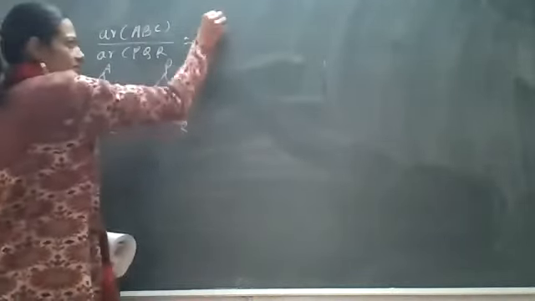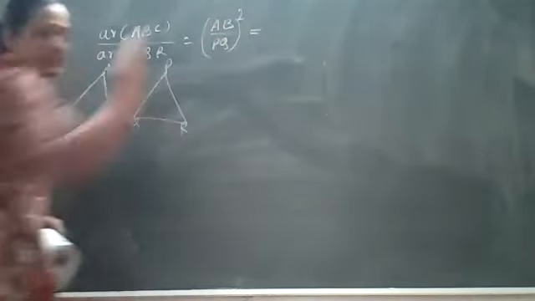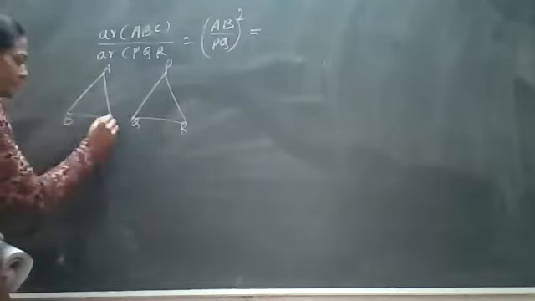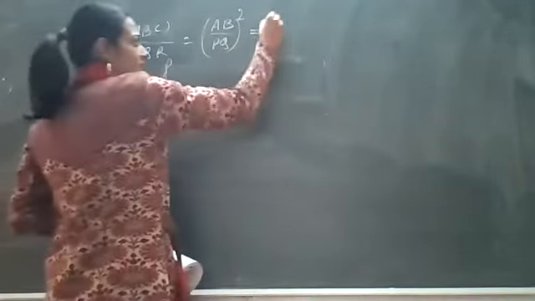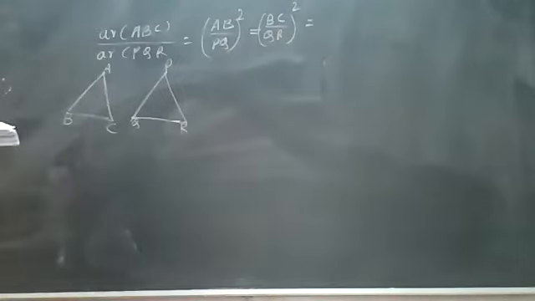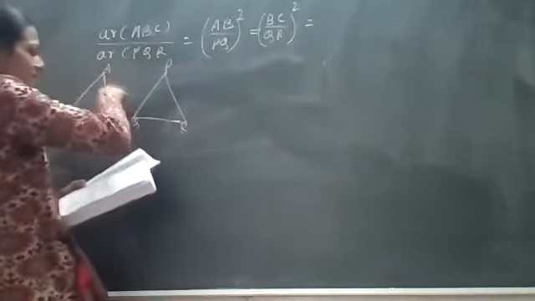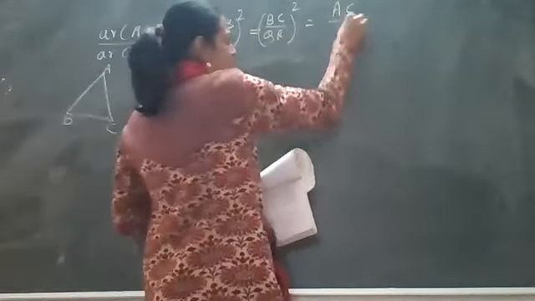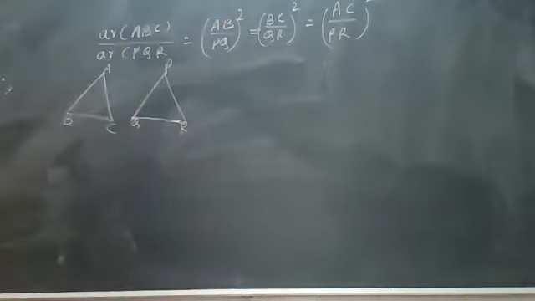AB is corresponding to PQ, so we can say AB upon PQ whole square is equal to. The other side BC has corresponding side QR, so BC upon QR whole square is equal to. Next, PR and AC, so we can write AC upon PR whole square. That we have to prove now.